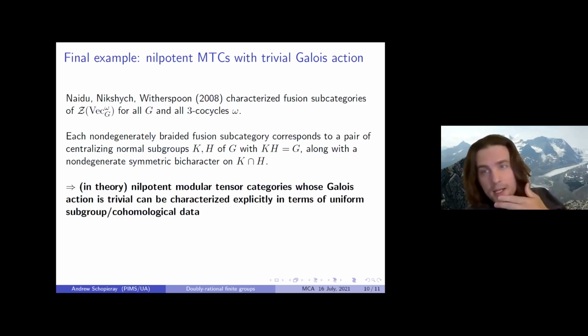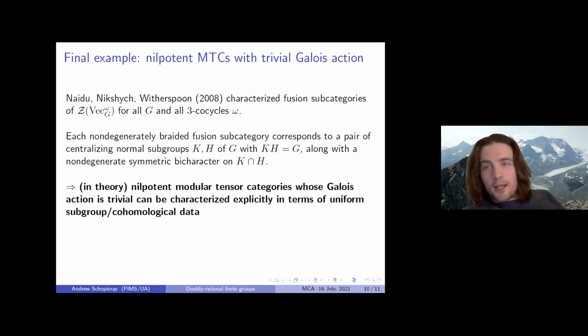So in theory, heavy emphasis on in theory, nilpotent modular tensor categories whose Galois action is trivial can be characterized explicitly in terms of a uniform collection of subgroup and cohomological data of nilpotent groups. Now, what do I mean by uniform?